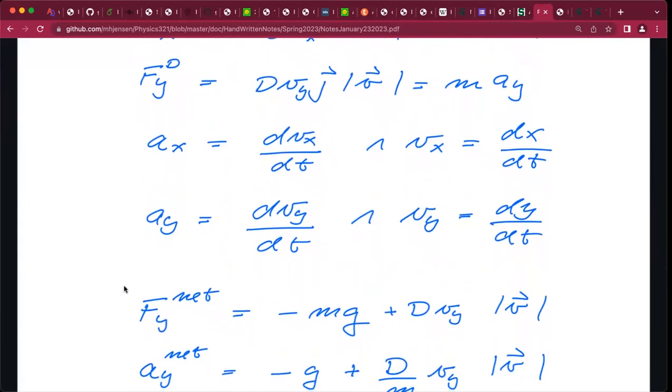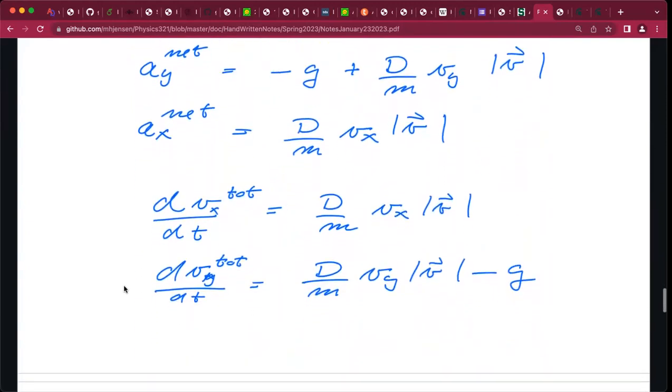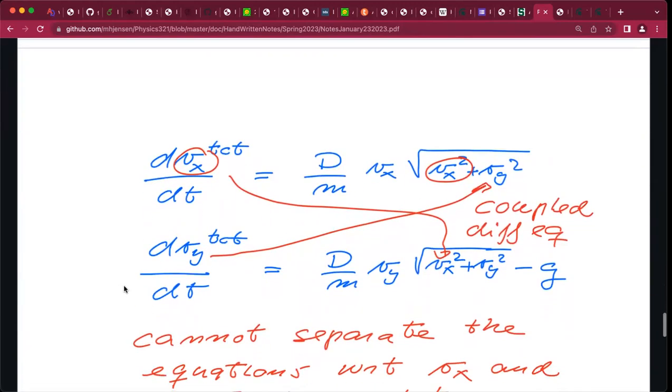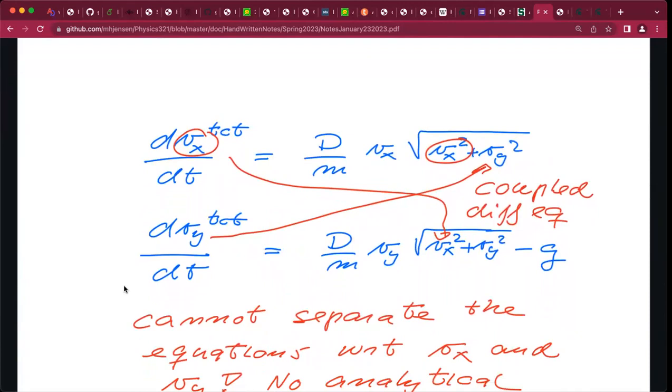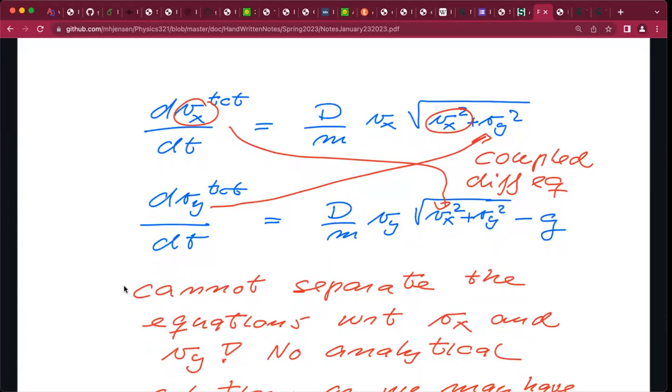So for this particular case, when we now rewrite the equations, what we end up with is a set of equations which we cannot solve analytically. And the reason for that is that the equation for v of x depends also on the unknown v of y.